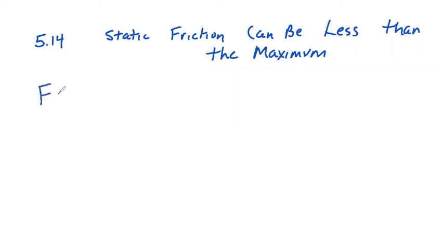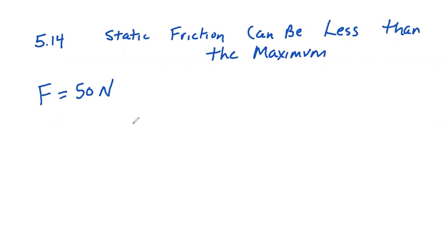So F equals 50 newtons. This 50 newtons is less than the 230 newton required force to get it to move, so we know it's going to be at rest.